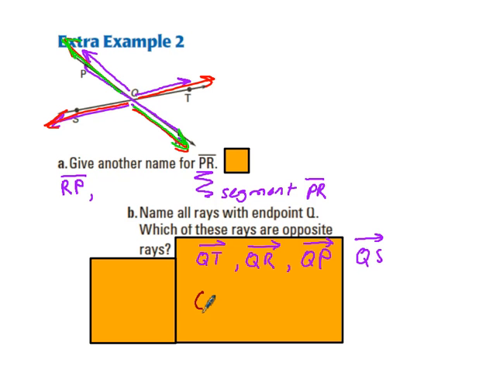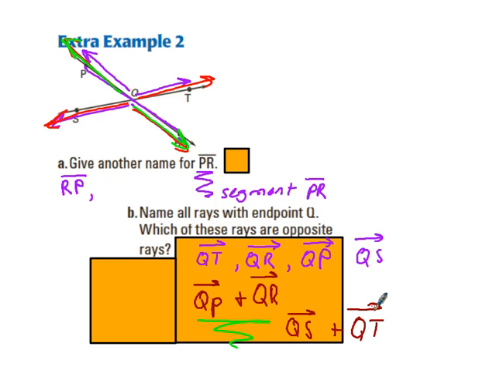QP and QR are opposite rays. They're in green, aren't they? And then we have, what's the other set? QS and QT are opposite rays, and that is in red.